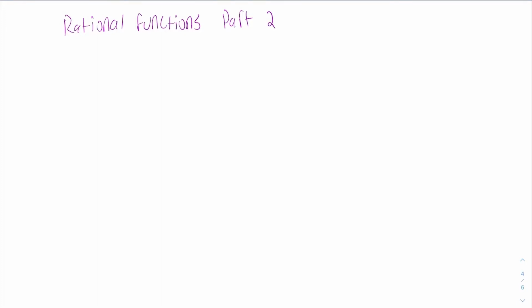In the last lesson, I said that there were two ways to look at rational functions. One way was a polynomial divided by a polynomial. If this happens and it's equal to a function, then that's a rational function.